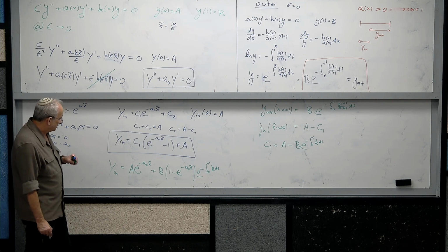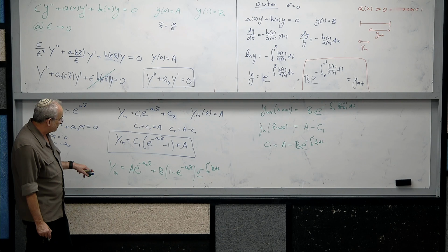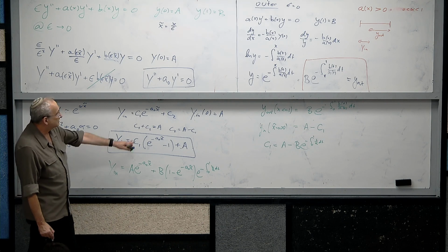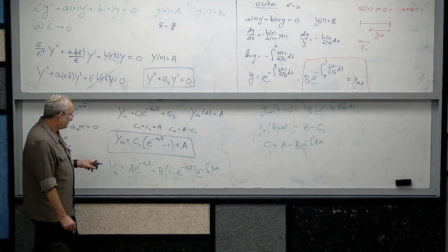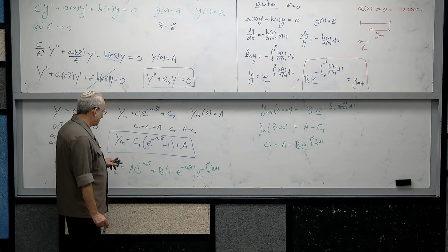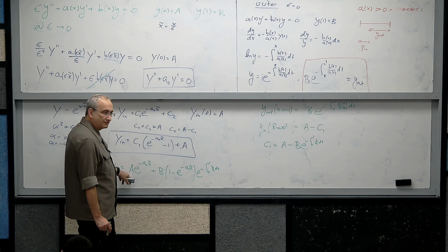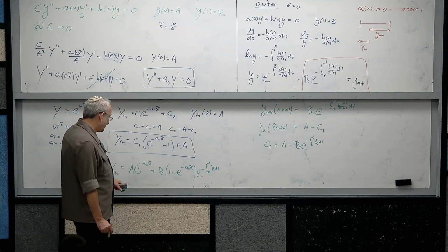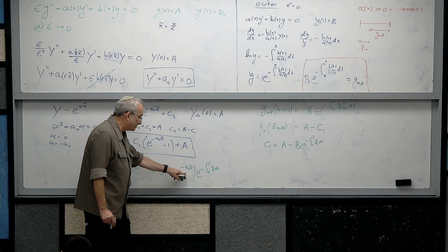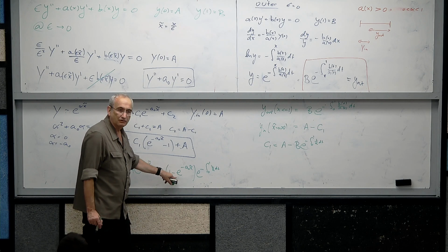Good. Now, this is the y in, this is the y out. Double check what happens when x tilde goes to 0. Then from this I will get a, and from this I will get nothing because this will be 1 and 1 minus 1 is 0.